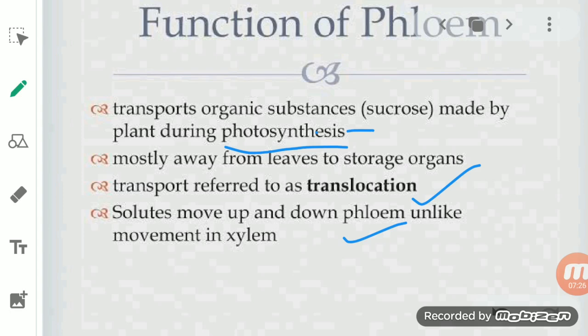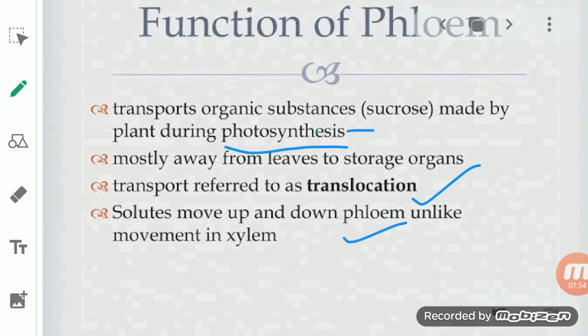phloem, it is the movement of the food particles. Now after photosynthesis, food is prepared, and this food is to be distributed to all the different parts of the plant, including the shoot, the upper portion, and the lower portion up to the roots. So the phloem's responsibility is to carry the food to the upper part as well as to the lower part.